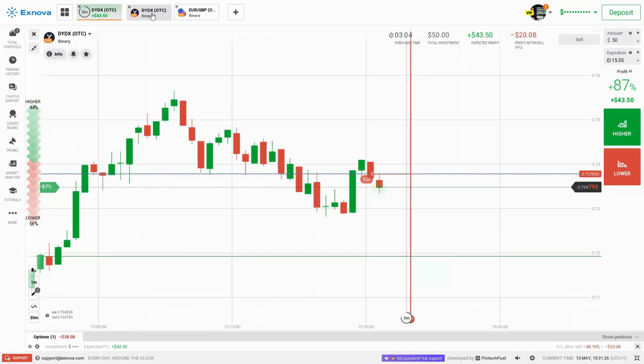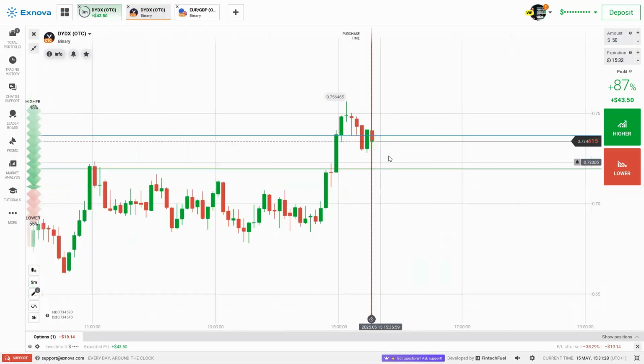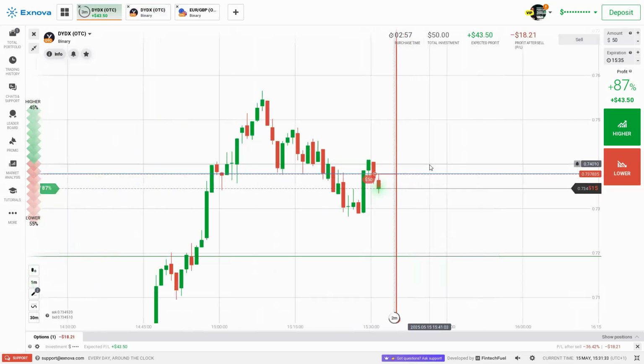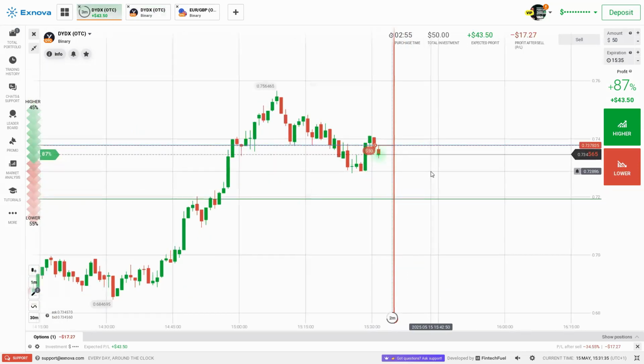And from the 5 minute charts, new sellers are coming in, new candle. Let's see if sellers could hold the price.